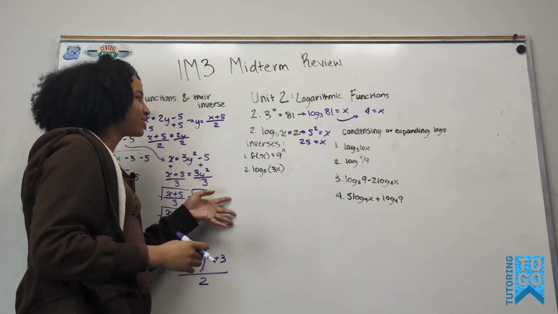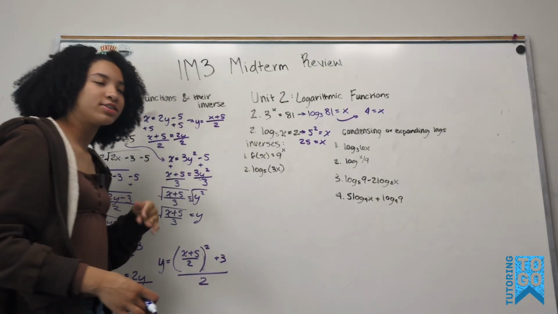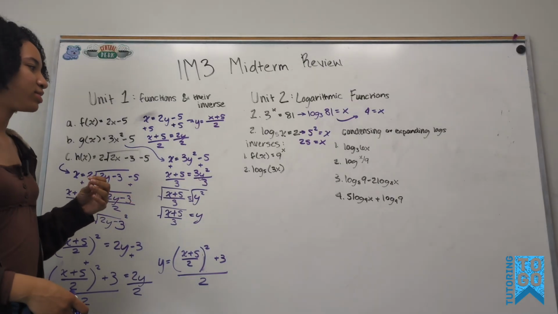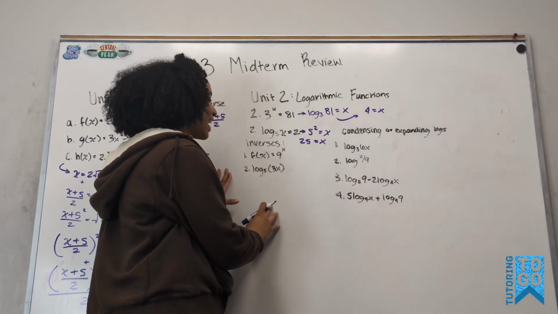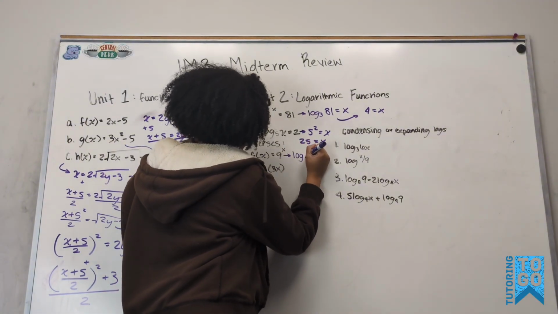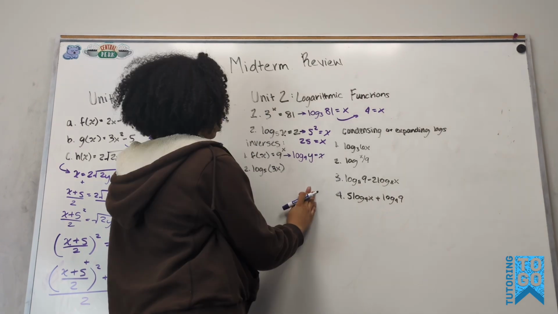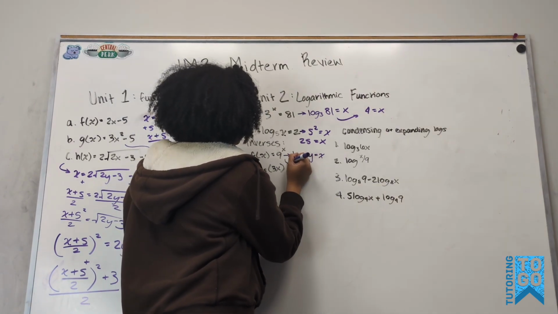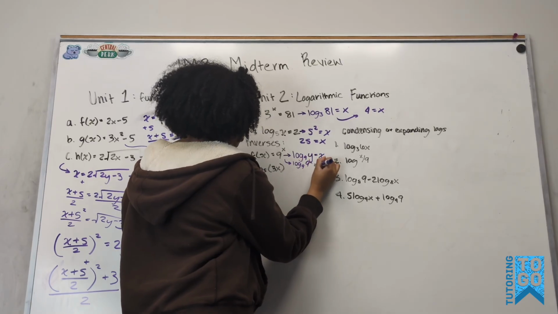Now for inverses of logarithmic functions, you're doing the same thing. You're just switching an exponential function to a log function and then a log function to an exponential function. You're just going to switch 9 to the power of x, and you're going to convert this to log base 9 of y is equal to x. Or in this case, you could also do log base 9 of 9 to the x is equal to x.